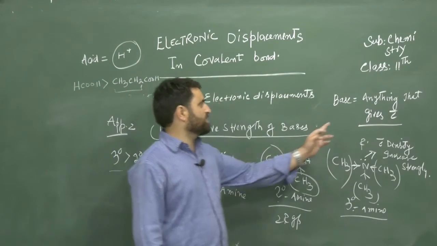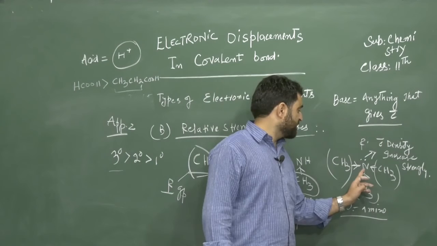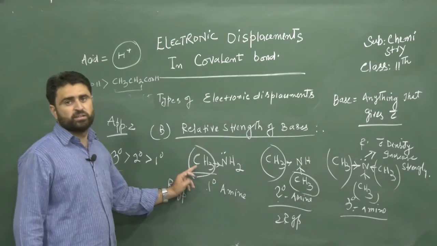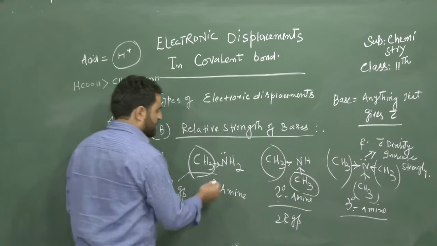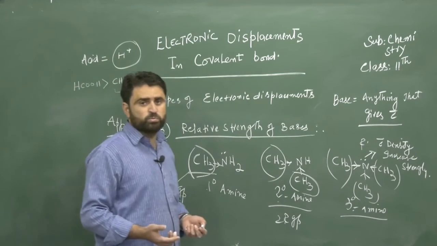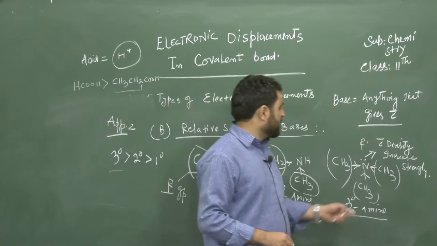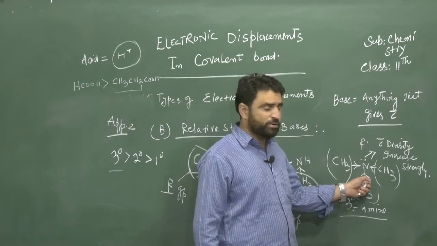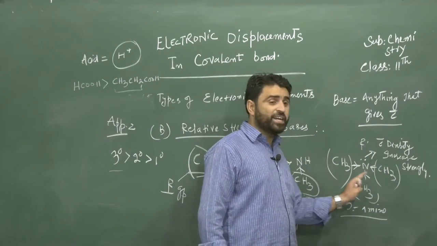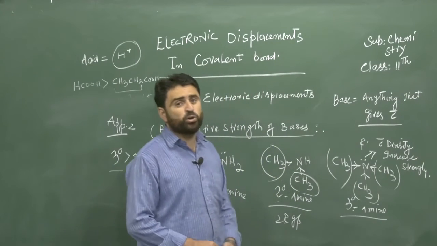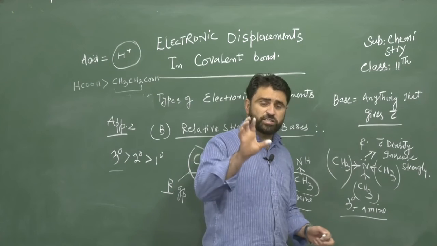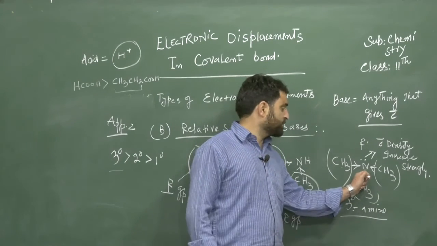Because a base is anything that gives electrons, this will give electrons more strongly than this, and this is the weakest base. Why is the order 3, 2, 1? Because it depends upon alkyl groups. Here the inductive effect plays the dominant role, because if I write NO2 here, this is the weaker base, because NO2 withdraws electrons towards itself, but an alkyl group donates electrons towards the more electronegative nitrogen.